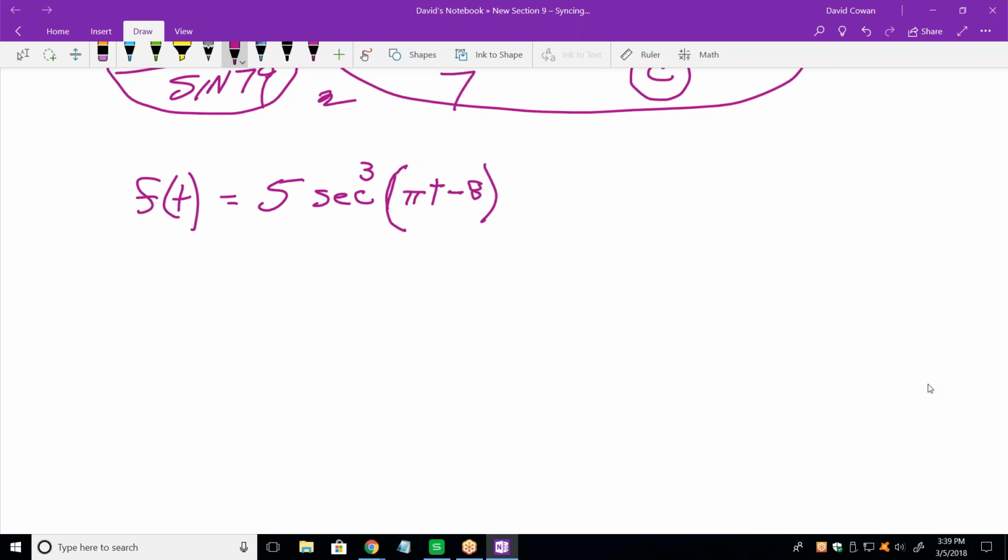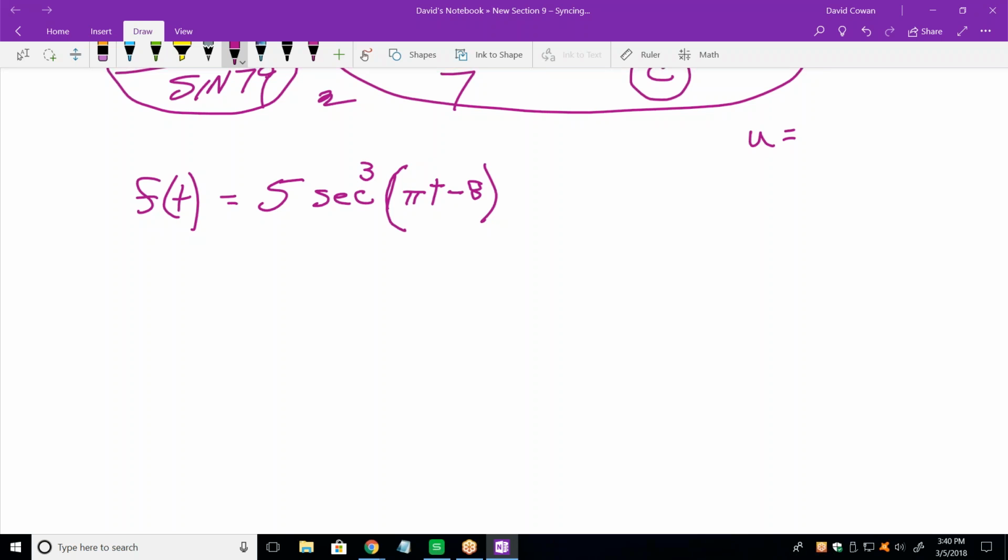If I had to say let u equal something, which is always the test as to what the inside should be, what would u be? Would it be pi if it's talking about the inside, like within the parentheses? No, I can understand why you would say pi t minus 8. That is u, but that's the second u.